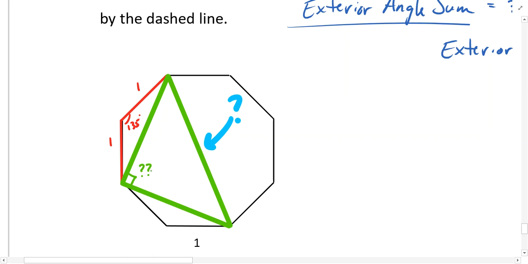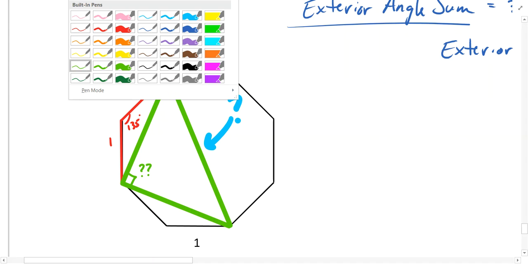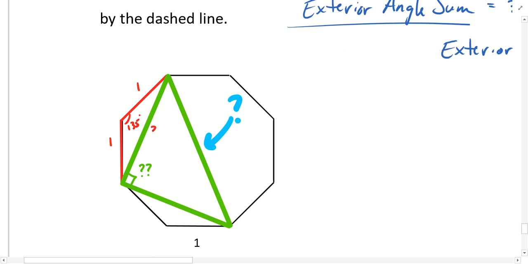And before you assume that it's 90 degrees, you should be able to verify whether it's 90 degrees or not. But if it is, and you have the length of your side here, then this length and this length would be the same because they're the same relative component of the octagon. And if this really is a 90-degree angle, then you can switch to the Pythagorean equation to compute your unknown diagonal length.